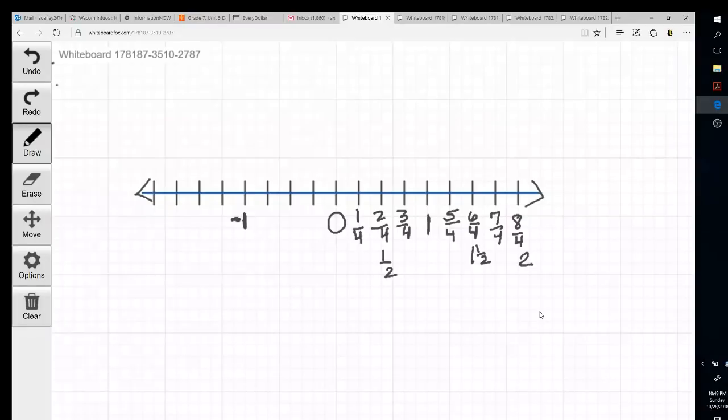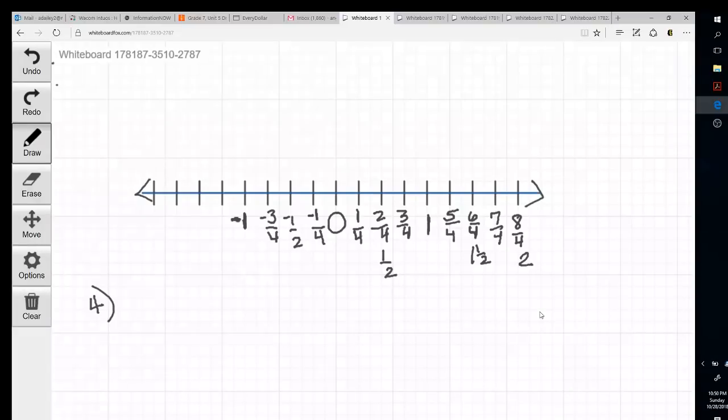Okay, so what is this tick mark right here called? Well, it's one space to the left of 0. One space to the right of 0 was positive 1/4. So this is the opposite of positive 1/4, negative 1/4. So that makes that negative 1/2 and negative 3/4. Okay. So now we're on to number 4 for your homework. And number 4, I want you to finish completing this number line.